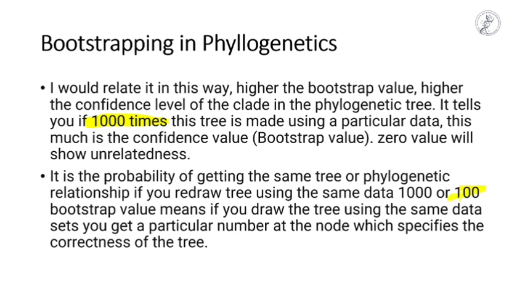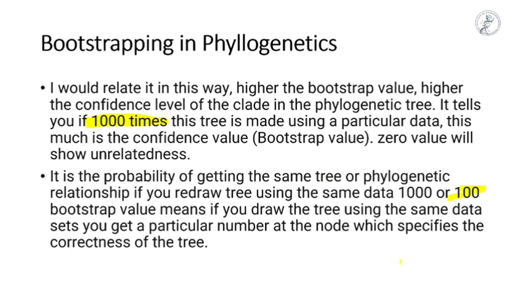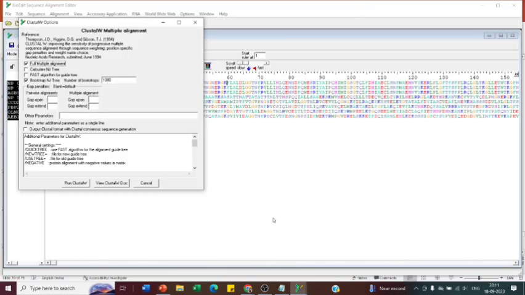In experiments, you people do duplicates, triplicates, or more. If we do triplicates, we will get the correct result. Like that, if we do 1000 bootstrapping, we will get a more perfect tree than with 100 bootstrapping. That is called bootstrapping. So we are just giving the bootstrapping 1000 here.